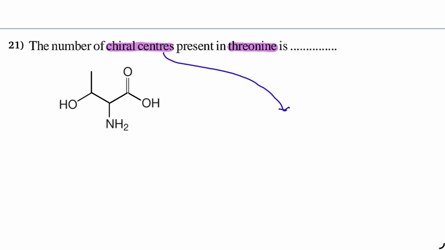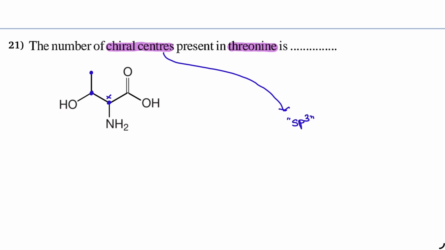So here chiral centers: an sp3 hybridized atom with 4 different groups is called a chiral center. In this example, this is sp3, this is sp3, this is also sp3. Of course here nitrogen and oxygen are also sp3, but there are no different groups attached to nitrogen, so obviously that is not a chiral center. Now let us check.